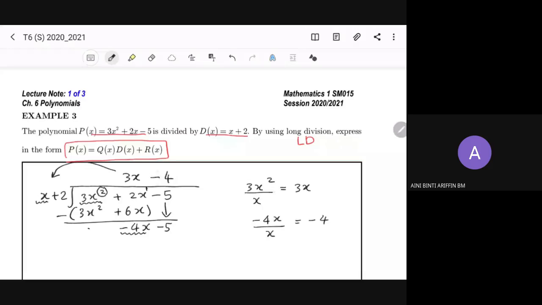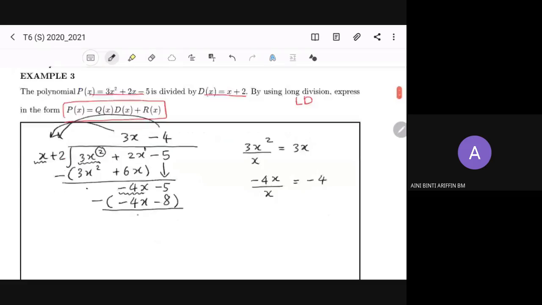Okay, next, negative 4 multiplied by the divisor gives negative 4x minus 8. We subtract one more time. So this part becomes 0 and this part is 3. Okay, and 3 is a constant and your divisor is linear. So we stop because the degree of the remainder is now less than the degree of the divisor.